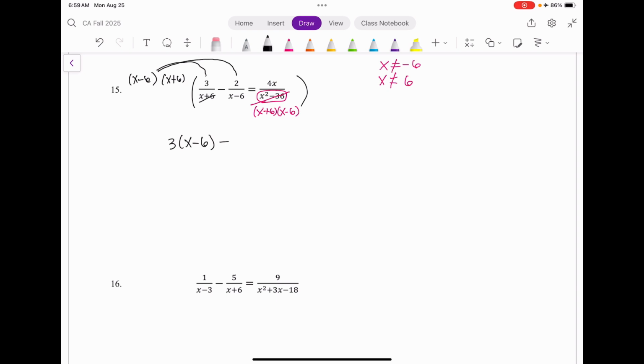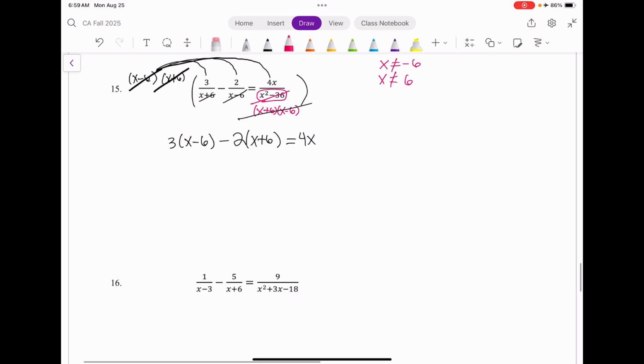So it'll be minus, let's see what cancels first. The x minus 6 cancels, leaving minus 2, right, for the numerator. And then times the x plus 6 factor left. Right? Okay. And then lastly, when we multiply those two factors to the last fraction, those factors will completely cancel out everything, leaving just 4x on the right side.